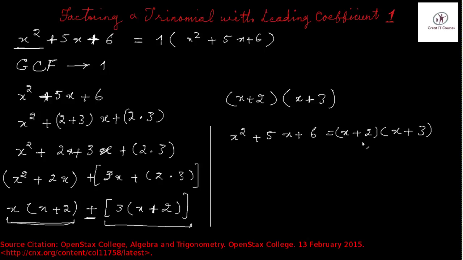And these are basically the two factors representing this trinomial. That brings us to the factoring a trinomial with leading coefficient 1 rule. Let me now tell you the whole thing in a general way so that you can learn and apply this to other problems that you might have.